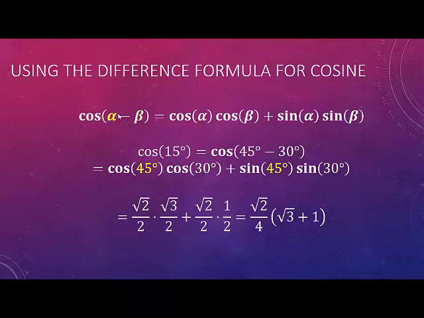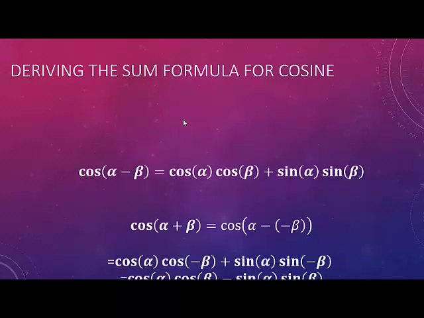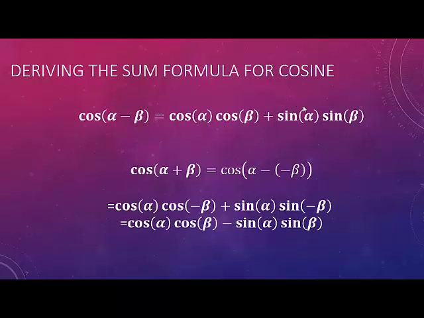Now you might be asking, what if it's a plus? Well, we'll look at the sum formula for cosine. If you had a plus inside, so here you'll see the original formula. If there was a plus inside, then alpha plus beta is the same thing as alpha minus negative beta. So take a minute and look at that.